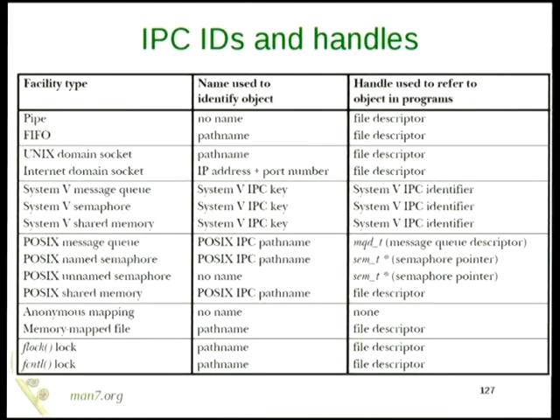There are some other possible handles there. I talked already about a message queue descriptor, a sem_t * for semaphores. I haven't talked about System V IPC, but they have their own special identifiers, which are weird and wonderful.